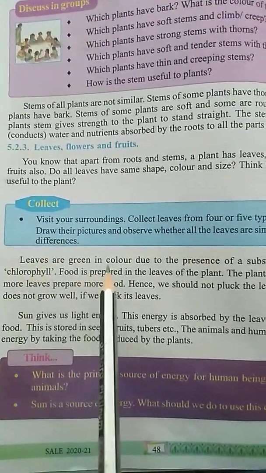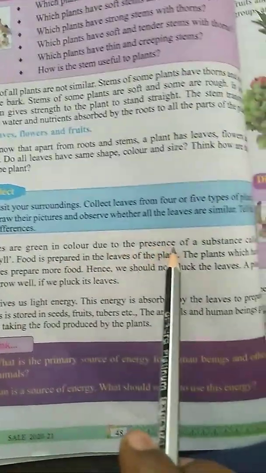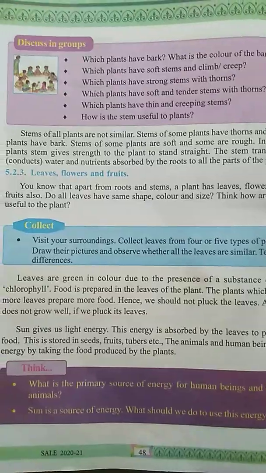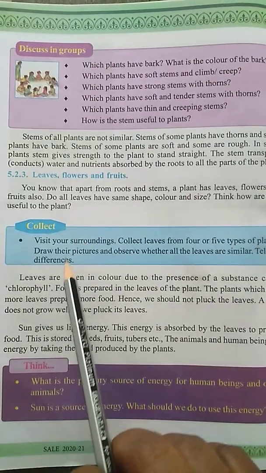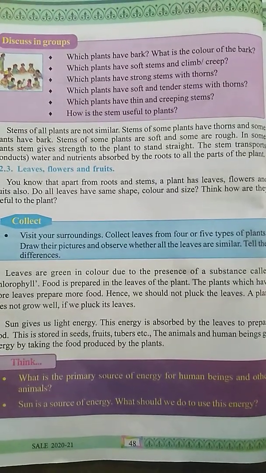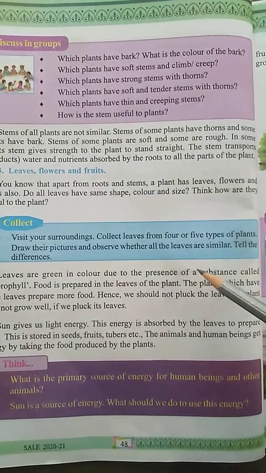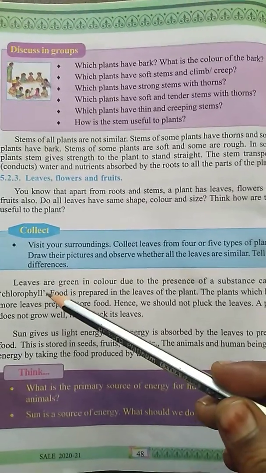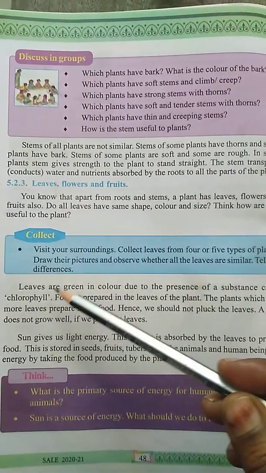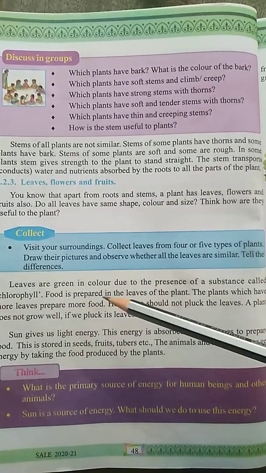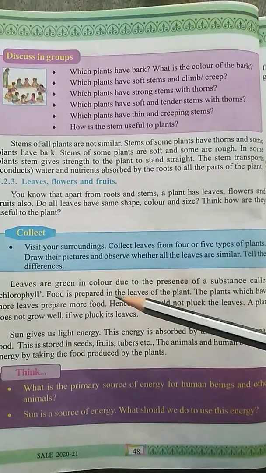And leaves are green in color due to the presence of a substance called chlorophyll. So leaves are green in color. All the trees and plants have green leaves due to the presence of one substance in the leaves called chlorophyll, means Harita Kanal. That chlorophyll is present in the leaves, that's why they are green in color.